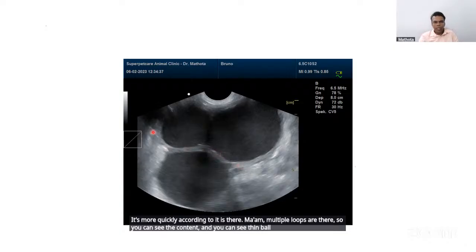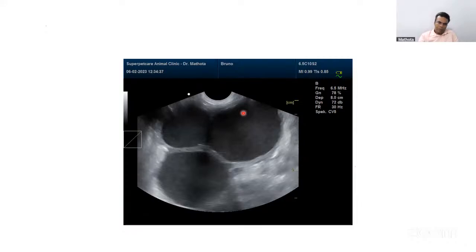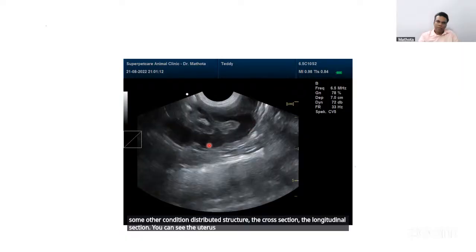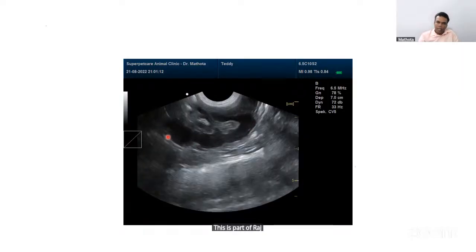Sometimes you will see a thick wall. This is another condition. This tubular structure, in cross section and longitudinal section, is the enlarged uterus with fluid accumulated. This is a pyometra condition. You can easily diagnose it if you see this.